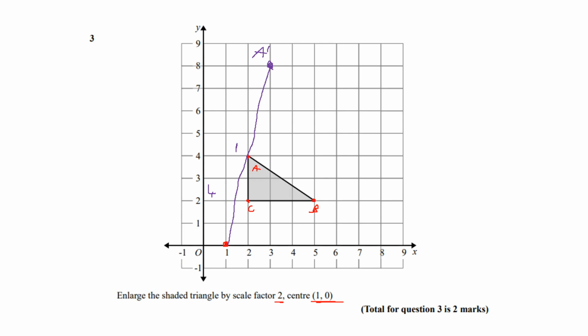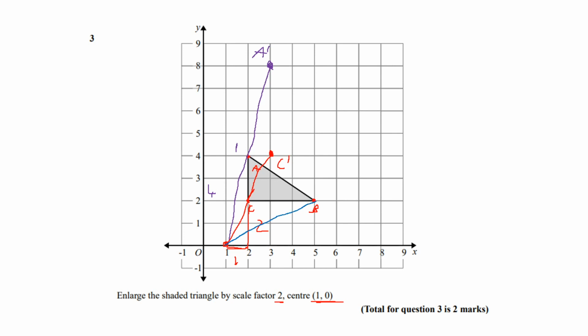Now let's label a line here. As you can see, this is a 1 by 2 line. So let's label another 1 by 2 line. And we'll call this one C prime. Okay? And finally, let's label a line here.